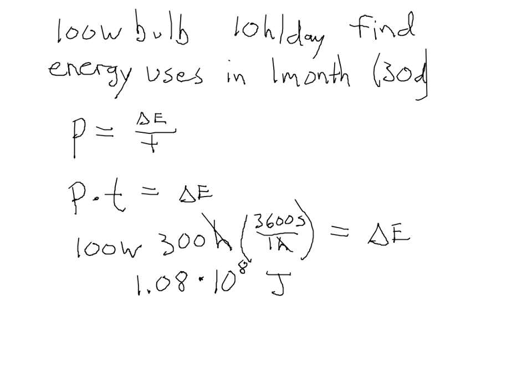Instead, they use a unit of energy called the kilowatt hour. Now, the kilowatt hour, if you just glance at it, you might think that's a unit of power because it's got the word watt in it. But actually, it's a unit of energy. Look what happens.